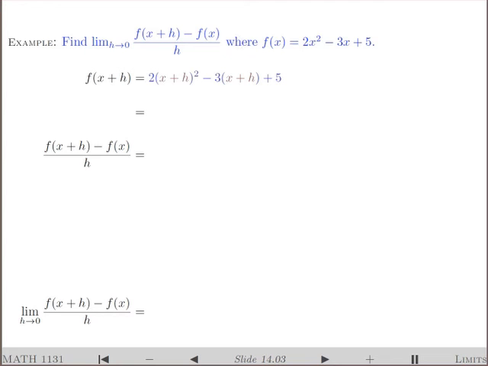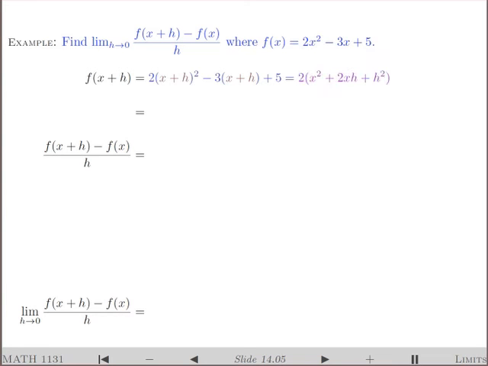Now I need to expand this. So we'll first multiply out x plus h quantity squared. You can use the binomial square formula. So x plus h quantity squared is x squared plus 2 times x times h plus h squared. We'll also distribute the negative 3 in the second term.